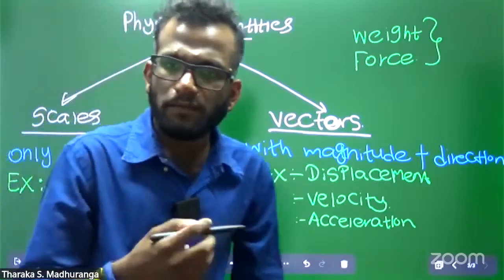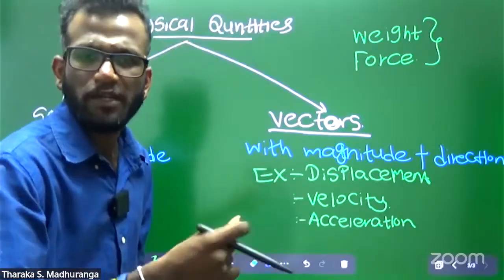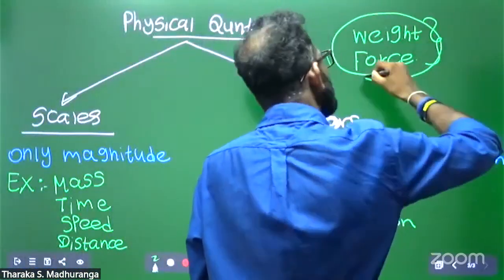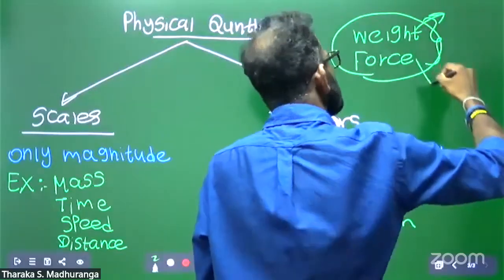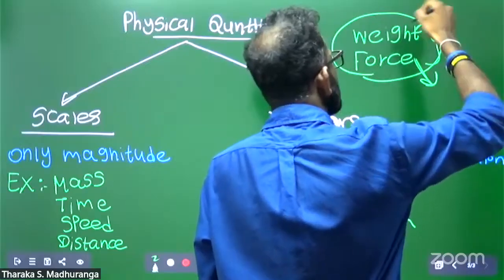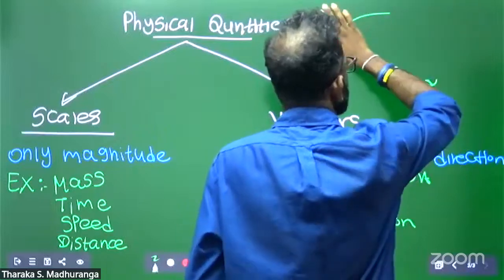Weight and force? Actually, within 5 to 10 minutes, you will solve this problem. Actually, if weight is a vector, force automatically vector. If force is vector, the weight also vector. Okay, you can solve this problem within 5 to 10 minutes.